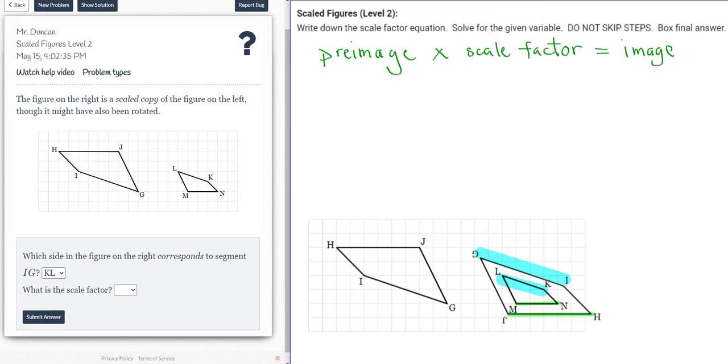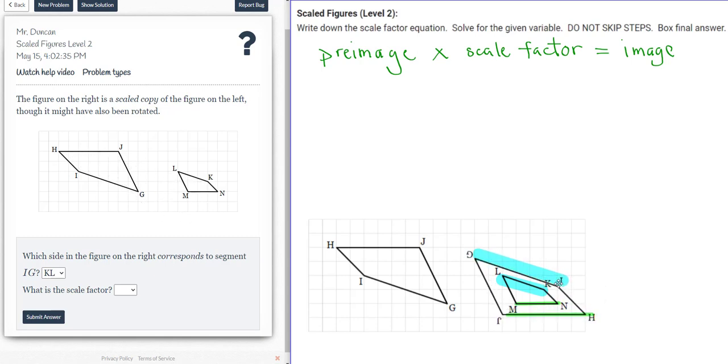So let me switch over to blue. It looks like we're going to go from H to J. So H to J would have a length of 1, 2, 3, 4, 5. We're going to make sure that that lines up though. Yeah, there we go.